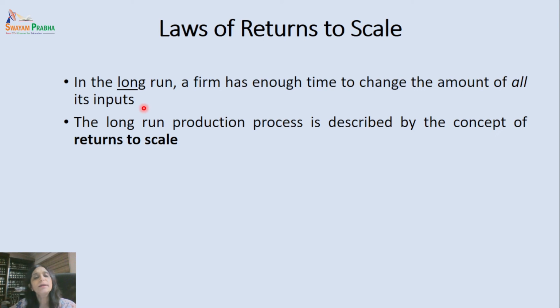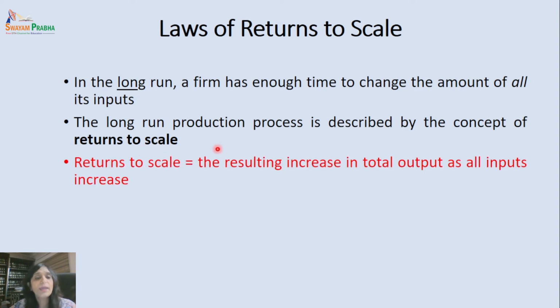So the long run production process is described by the concept of returns to scale. Basically, by understanding this, we see that because of the change in size, which has happened because we are changing both the inputs, how does the output change? Returns to scale is basically the resulting increase in the total output as all inputs increase. How does my output increase?